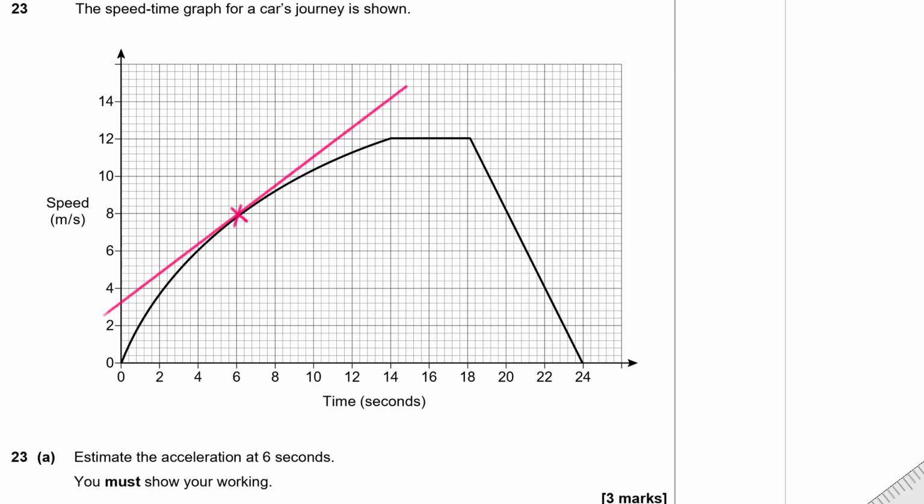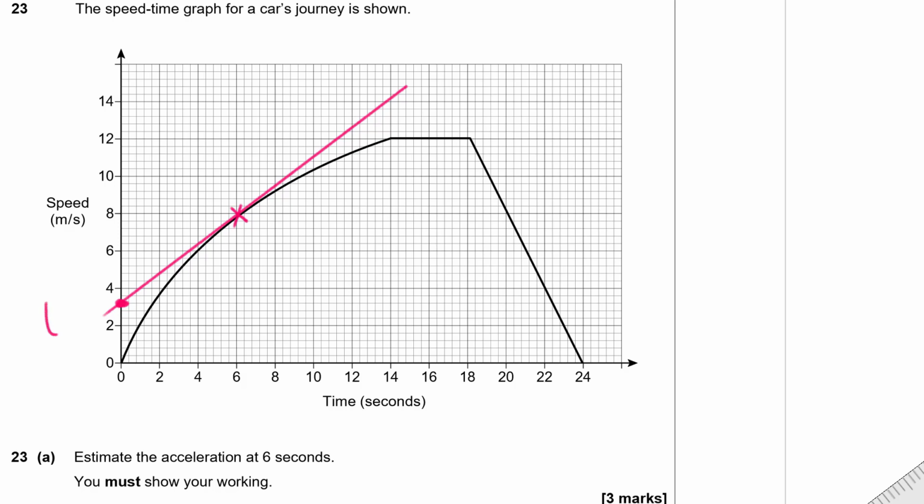Okay, so taking 2 points on this line, let's take this point here, that's the point 0, what's the scale here? Each one of those little squares is a fifth of 2 units, isn't it? That's not very helpful. So 5 divisions between 2 units means that each division is 0.4, so I would read that one as 3.2.